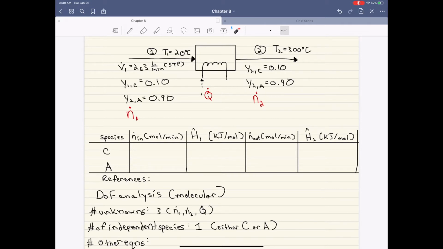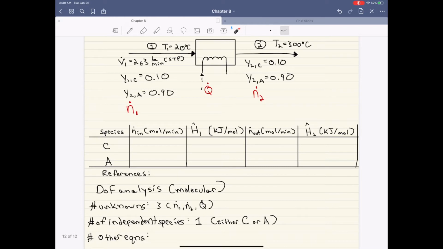And so if we were to set up a mathematical equation here, we would see that the molar flow rate of the methane just by itself is basically just a fraction of the molar flow rate of the air. And that fraction is the same for both the inlet and the outlet.